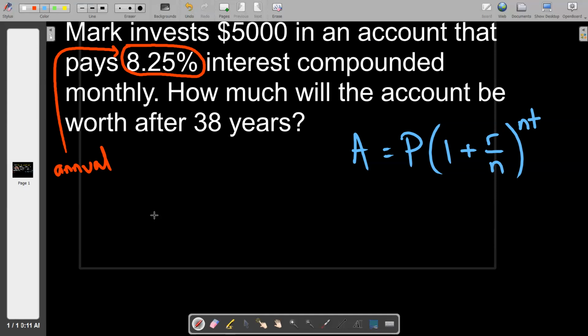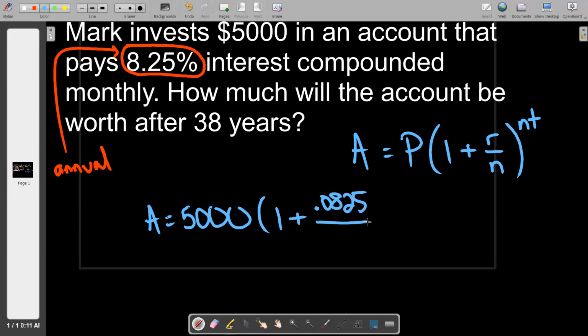We're going to say A equals, and what are we going to put in place of P? 5,000. Nice. And then we're going to put 1 plus, and what are we going to put for R? Would it be 0.6875? By the way, that 0.6875 has nothing to do with this anymore. It's 0.0825. I want you to write this down before we start.